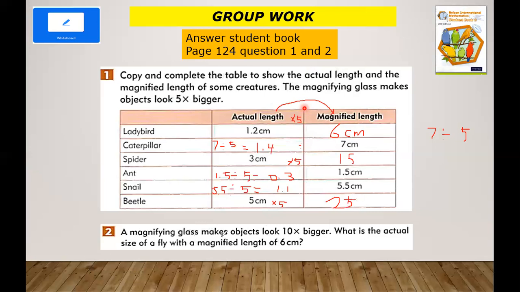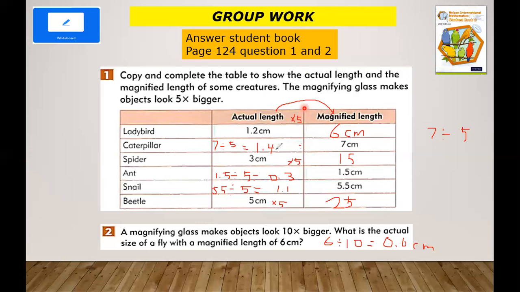A magnifying glass makes objects look 10 times bigger. What is the actual size of a fly with a magnified length of 6? So 6 divided by 10 will be 0.6. This is the actual size, 0.6 centimeters. You can answer this one in your student book, page 124.